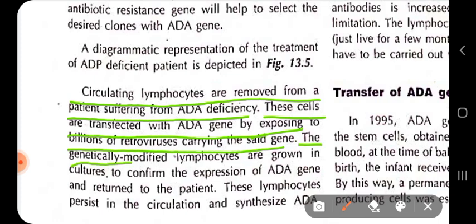The genetically modified lymphocytes are then grown in the culture medium to confirm the expression of the ADA gene and then returned to the patient. So we culture them, we select them, and we check whether the ADA gene is being expressed within the cultured cells. If we see that an appropriate concentration of ADA is expressed, then we reintroduce them into the patient.